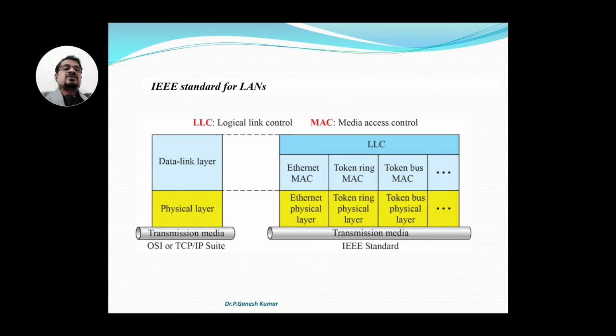This medium access control, the Ethernet MAC, supports many types of networks, such as token ring and token bus networks, and more, in the data link layer MAC. So in this entire Ethernet protocol discussion, we are going to talk mainly about the physical layer as well as the MAC layer in the data link layer protocol.